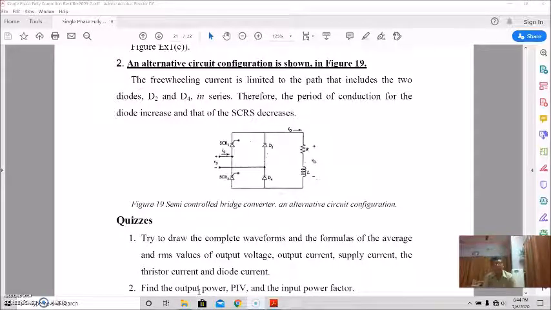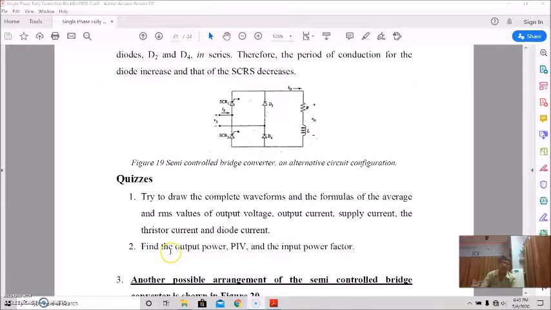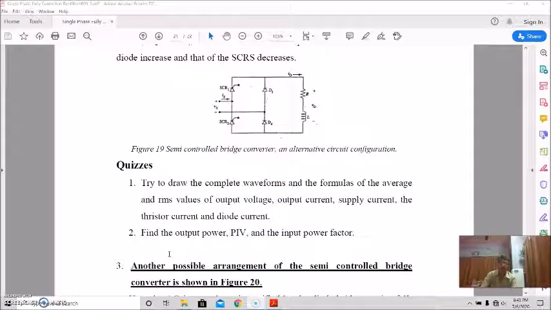So depending on this arrangement, we can give you some quizzes. First quiz: try to draw the complete waveforms like the earlier ones we have discussed, and the formulas of the average and RMS values of the output voltage, output current, supply current, thyristor current and diode current.